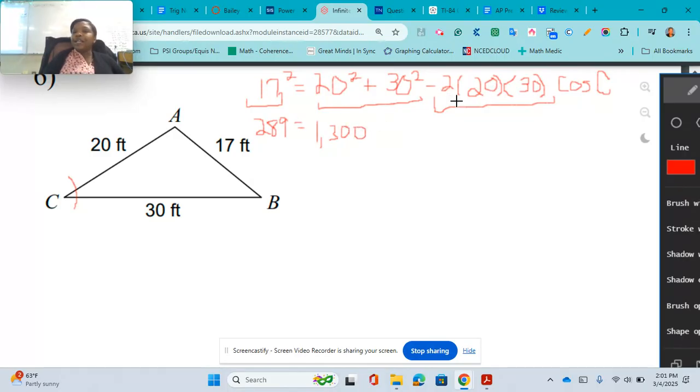And when we plugged in the negative 2 times 20 times 30, we had negative 1,200. What do we need to bring down? Excellent. Cosine C. Because we did not finish, we did not include it, that does not mean we erase it.